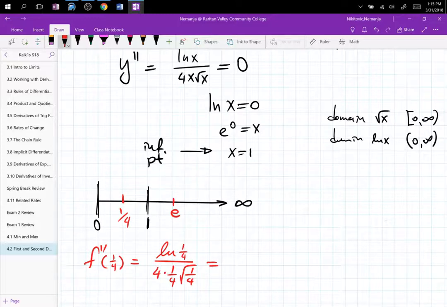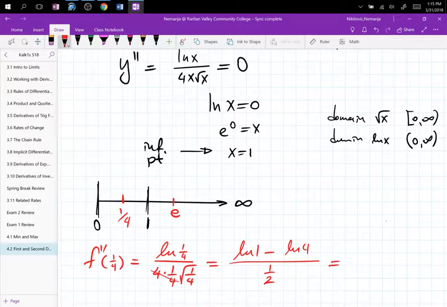Now, if you know anything about logs, you know that this is ln 1 minus ln 4 divided by, this canceled, you have a half on the bottom. Now, ln of 1 is 0, and ln of 4 is blah, right? So you have a negative number divided by a positive number.